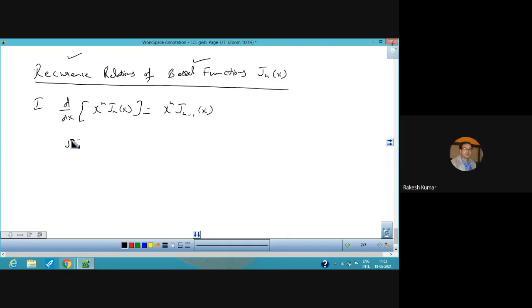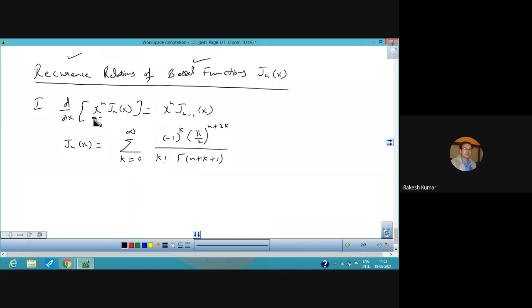Now we know that J_n(x) is the summation k is 0 to infinity (-1) raised to power k, (x/2) raised to power n plus 2k, divided by k factorial gamma(n plus k plus 1). This is your J_n(x).